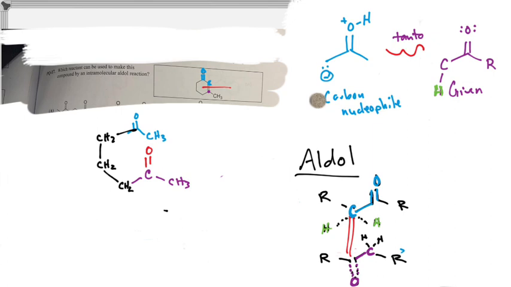That's C again. 1, 2, 3, 4, 5, 6, 7. 1, 2, 3, 4. Carbonyl. If you want to see the extra carbon, you can drop the extra carbon in there. We now have the answer.